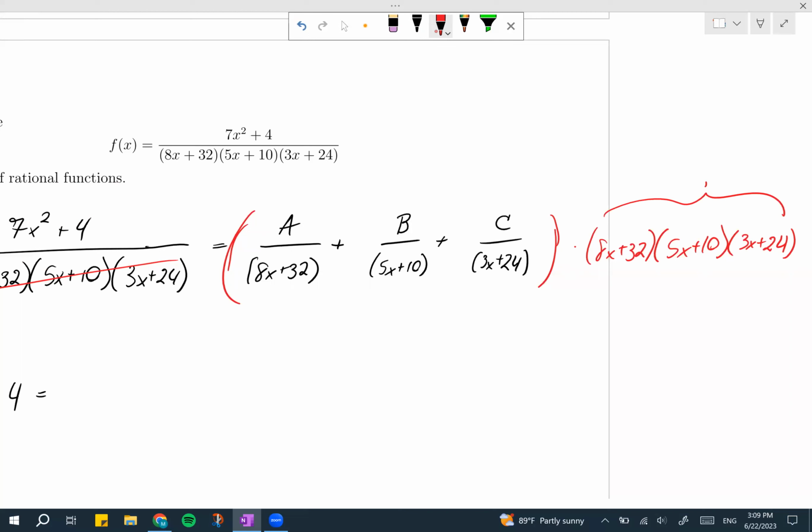I'm going to take this whole thing and distribute it to A, to B, and to the C term. Whenever I do so, this 8x plus 32 will cancel with this.